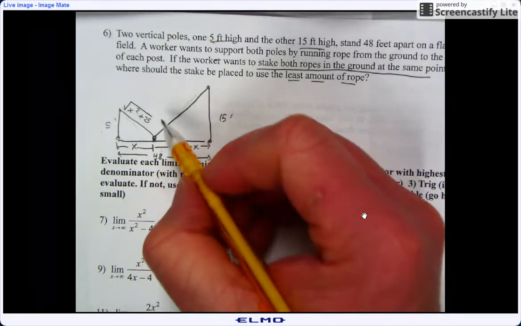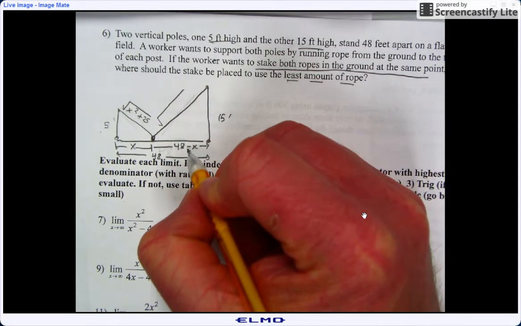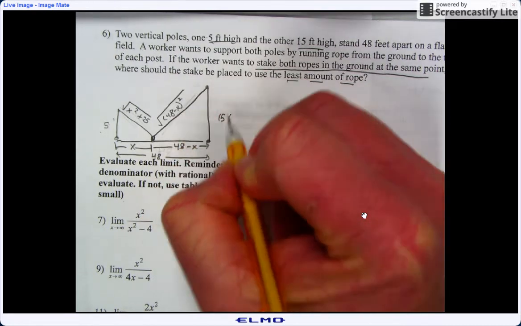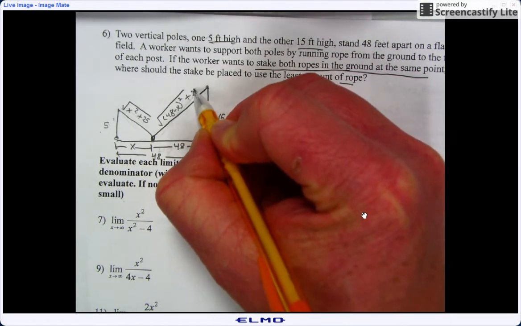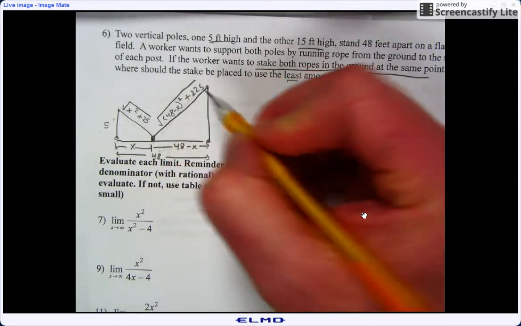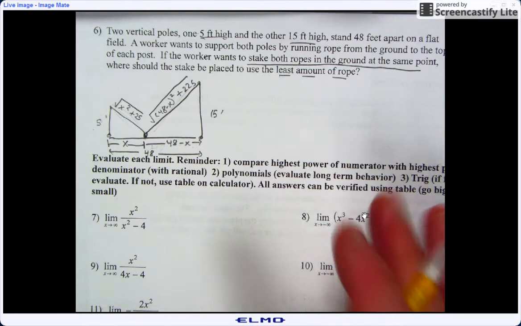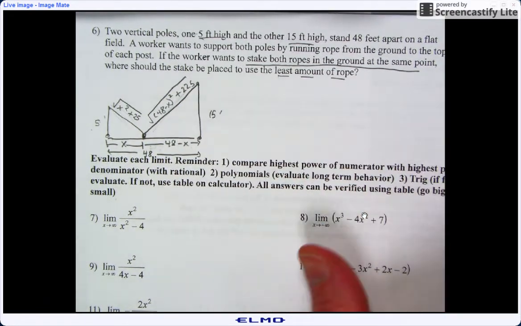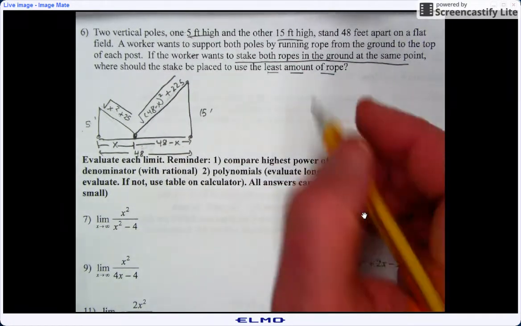And this one is the square root of (48 minus x) squared plus 225. That's the nasty one. So we have two different distances. We want to minimize those. We want to use the least amount of rope possible. Evidently, the support won't matter as long as that post is in between there.